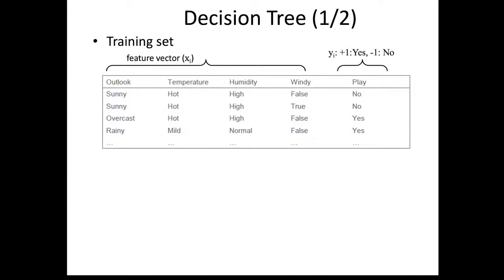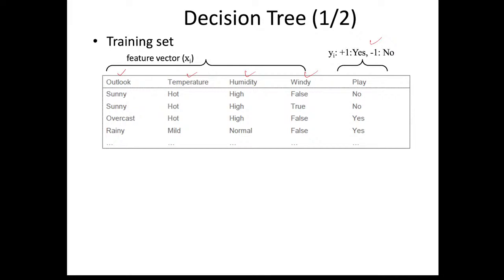Let me open the pen. We have 4 features, and this is our target. It's a binary classification problem. We want to predict, based on 4 weather conditions, perhaps whether a baseball game will be played or not.